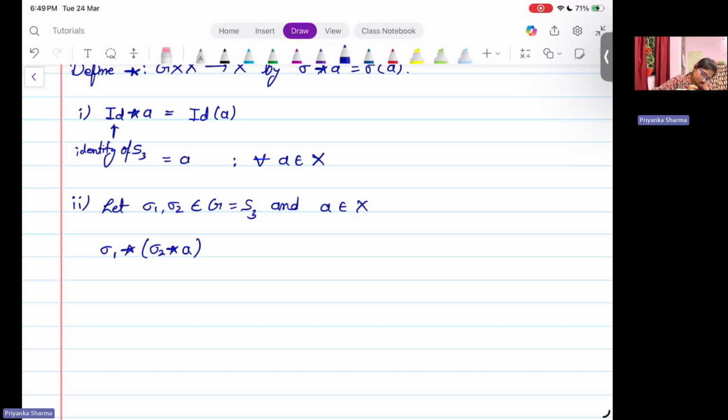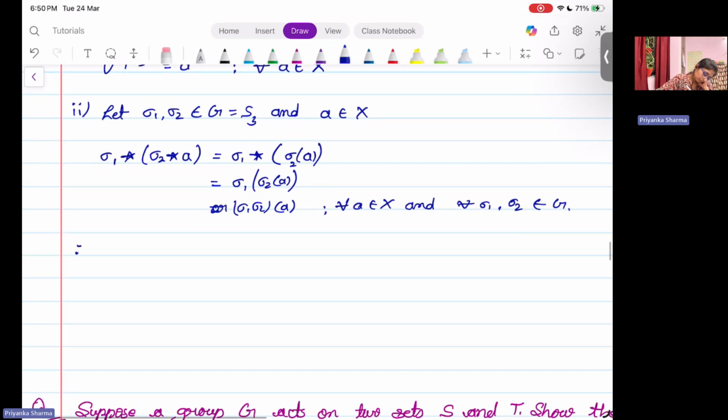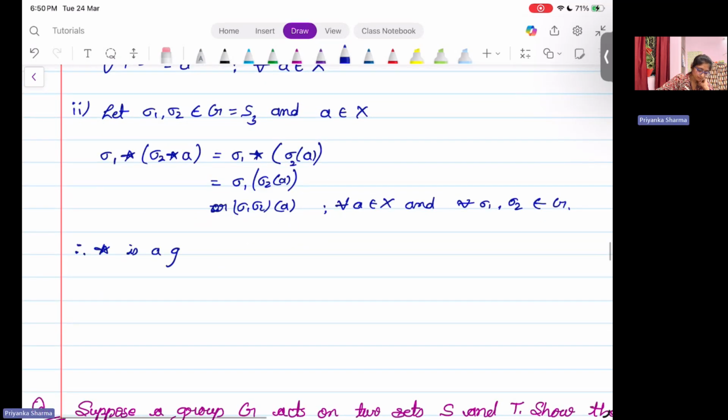Here a is an element of X. So this will be sigma 1 star, this is sigma 2 of a, which is sigma 1 of sigma 2 of a, or it can be written as sigma 1 sigma 2 a. And this is true for all a belongs to X, and also we took sigma 1 and sigma 2 from G arbitrarily. So this star is a group action.